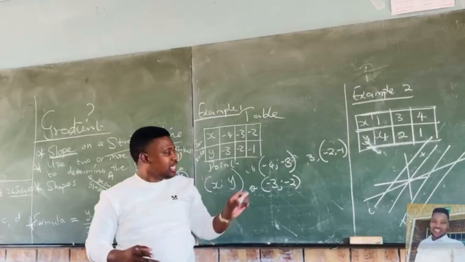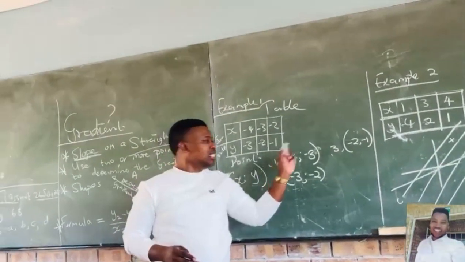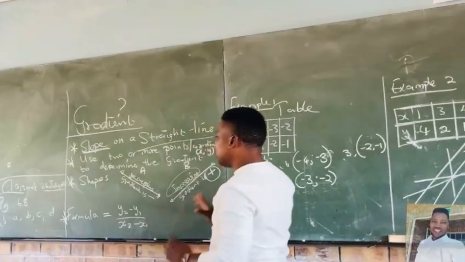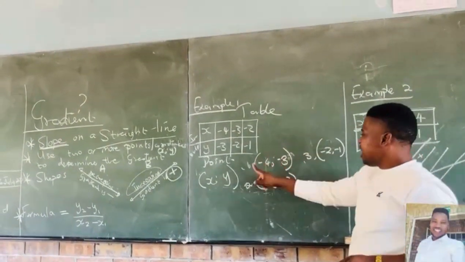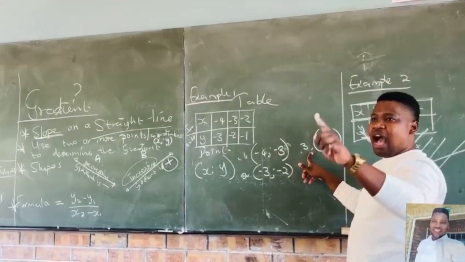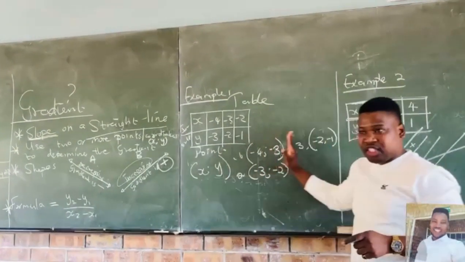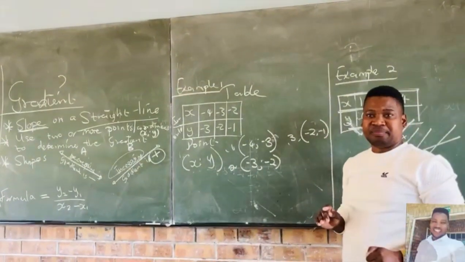Where are those things here? To clarify it to you, you choose any two of the 3 points. We have point number 1, point number 2, point number 3. Let me allow you to choose 2 of these points, so that we can find the gradient.